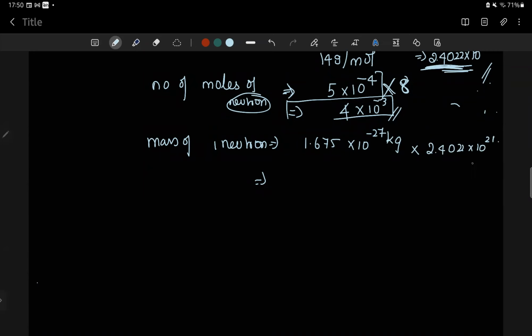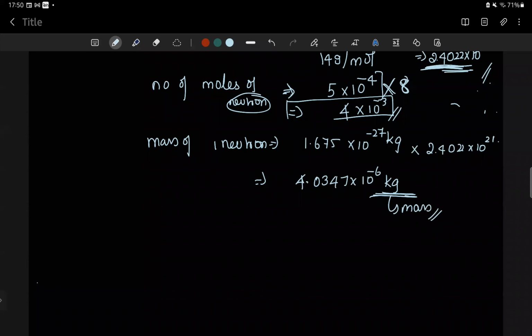Just multiplying the two values, our final answer is 4.0347 into 10 to the power minus 6 kilograms. This is the mass of the neutrons present in 7 milligram of carbon 14 isotope.